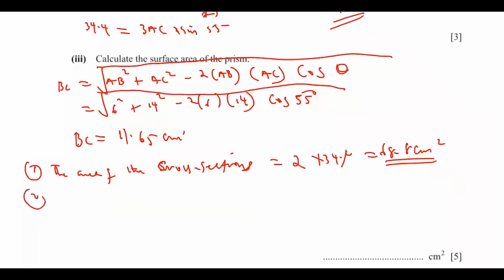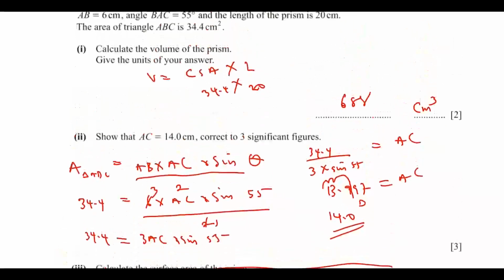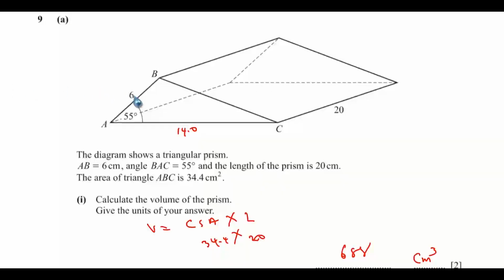Number 2, the base area, would be 14 times 20, and that would be 280 centimeters squared. So we have 3 shapes now. We are left with 2. We just calculate the area of the rectangle BC. Let's name this one DE.